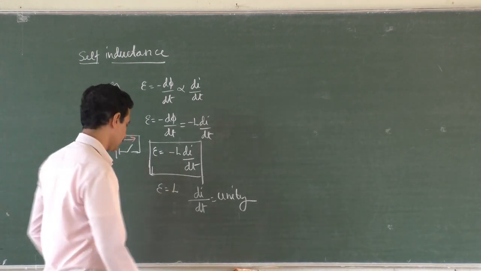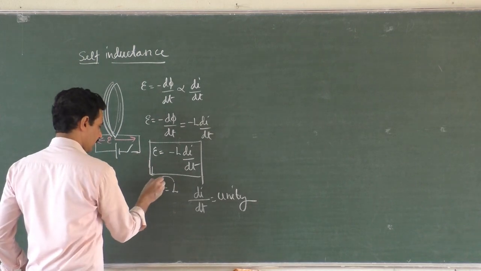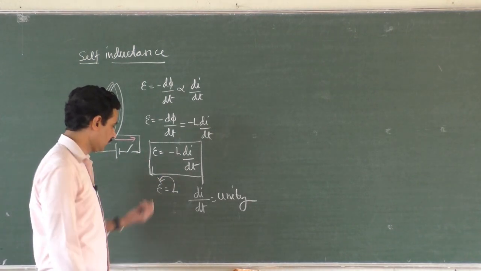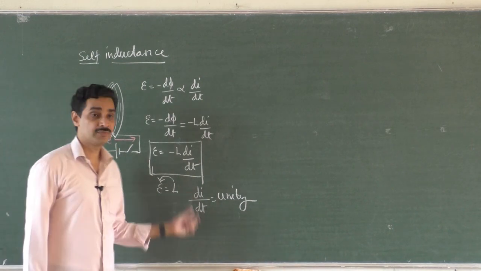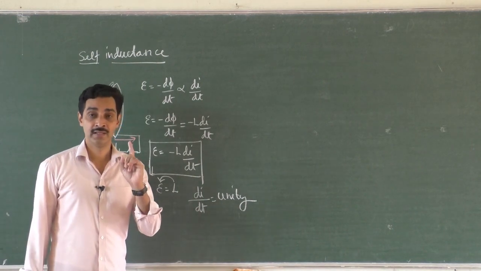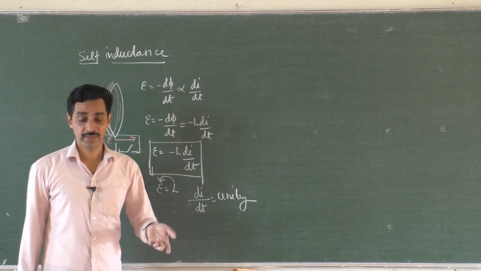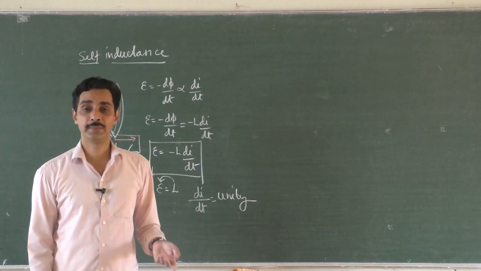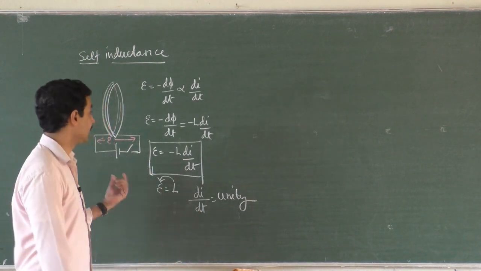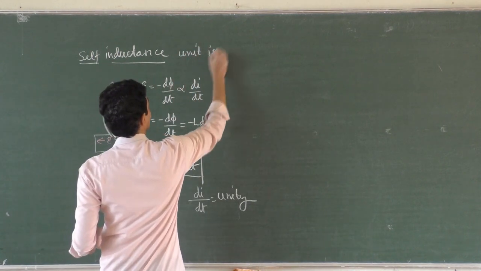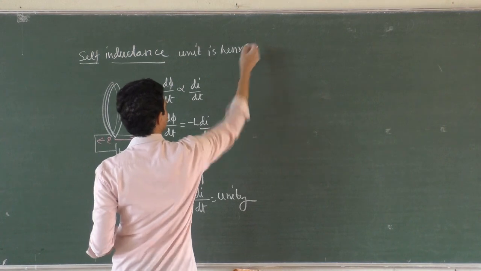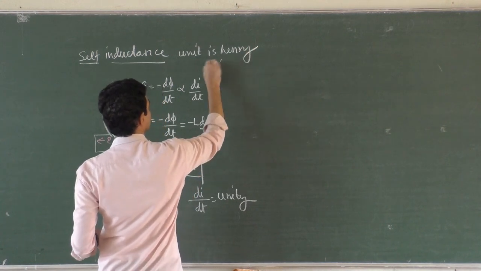Self-inductance of the coil is numerically equal to the EMF induced in the coil when the rate of change of current is unity. If in SI system you want to define, when the rate of change of current is 1 ampere per second, then inductance is Henry. The unit is Henry, the name of the scientist, and H is the symbol.